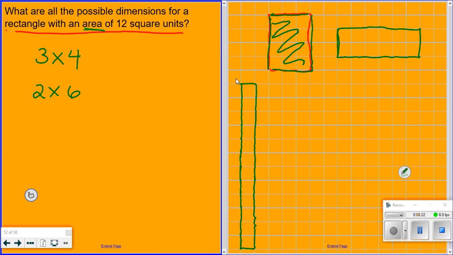And we also drew a 1 by 12. What are we noticing about those 3 dimensions? What are you noticing? Michael? About the 3 dimensions we just wrote in our notebook: 3 by 4, 2 by 6, and 1 by 12.